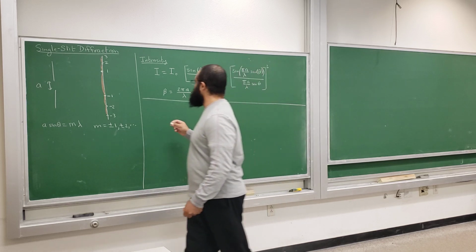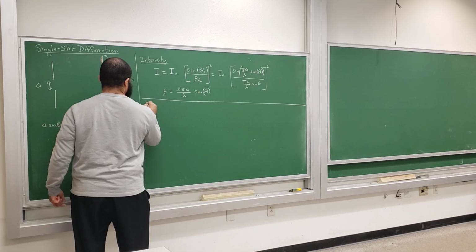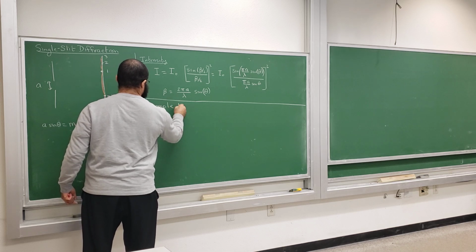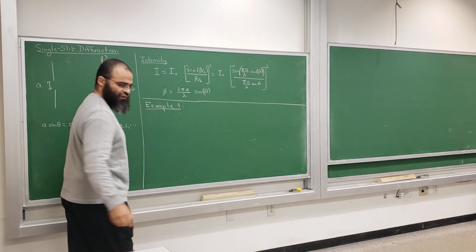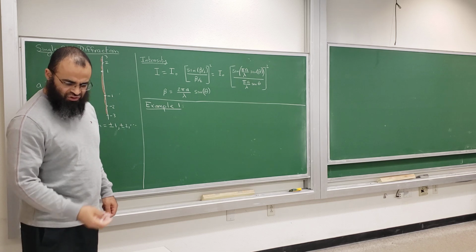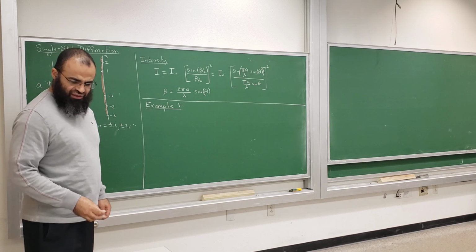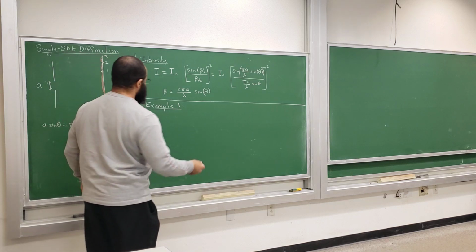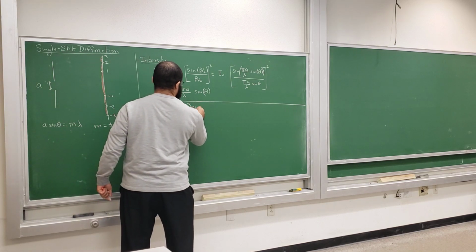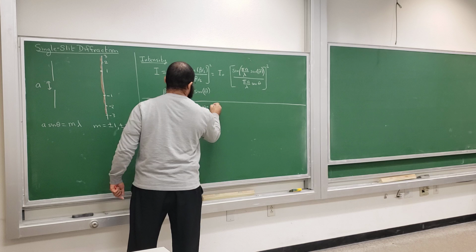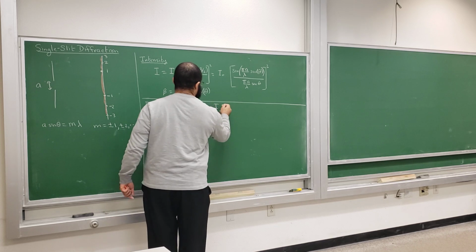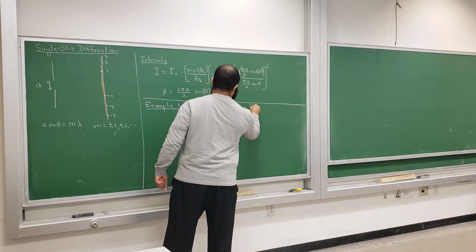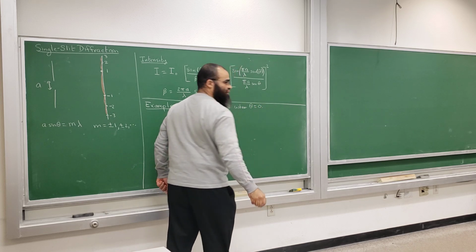Here's the first one. Example 1. Suppose the intensity in the middle here, so suppose I is equal to I naught when theta is equal to 0, right?